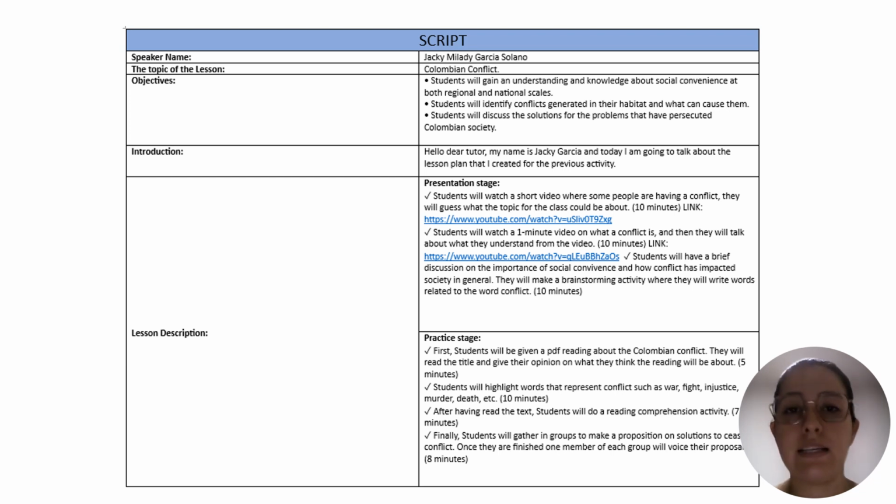So the idea is that based on the PDF article they read before, they answer some questions related to the article, so that they can practice the grammar part as well, and also give their ideas concerning the conflict itself.